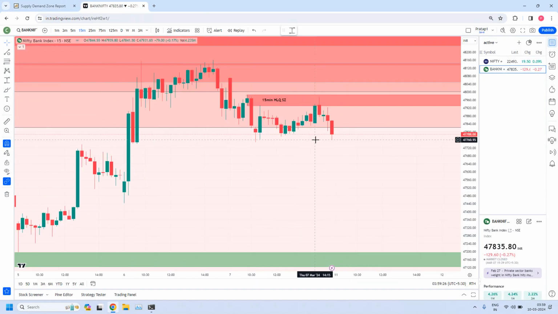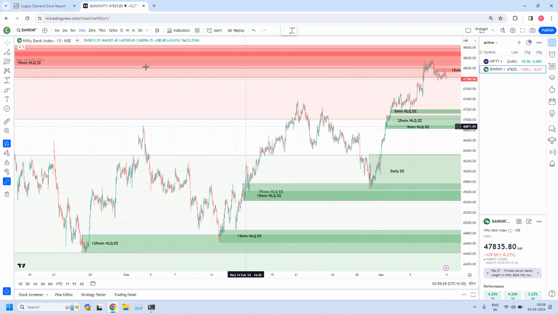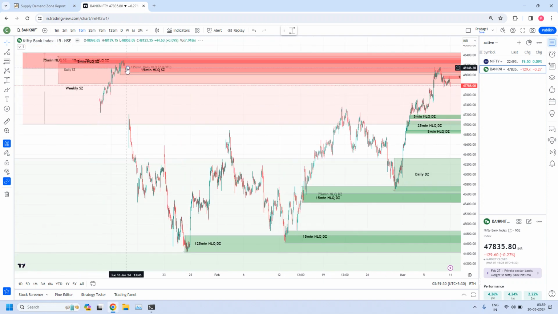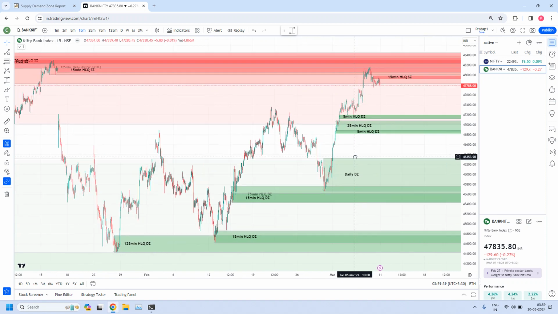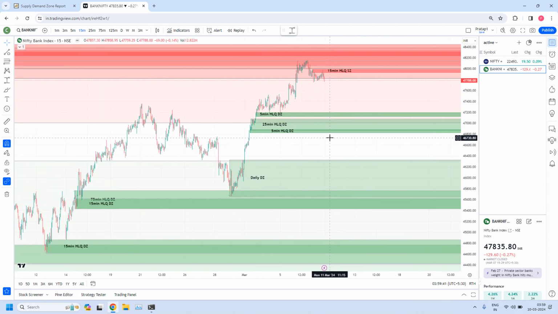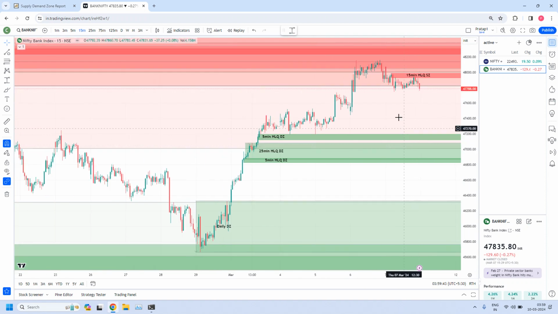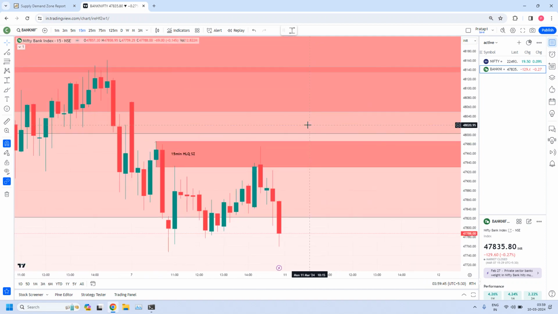This we have already drawn during last week, somewhere in these areas. So during last week, the newly created high liquidity zone is this one, and it held the price and then pushed it down.